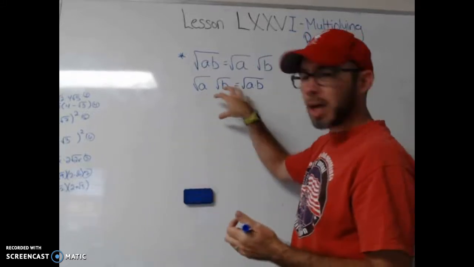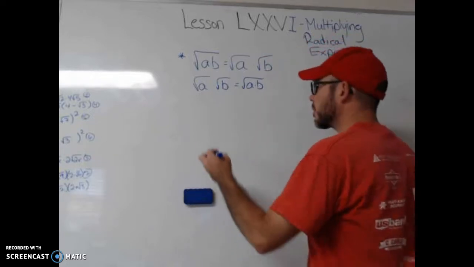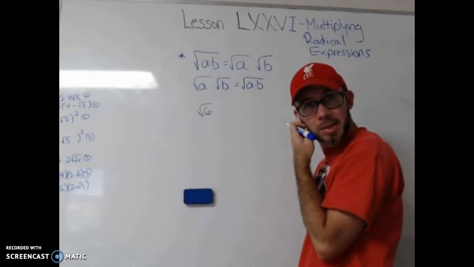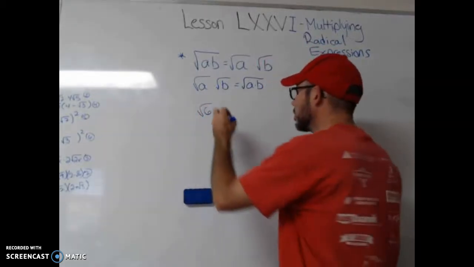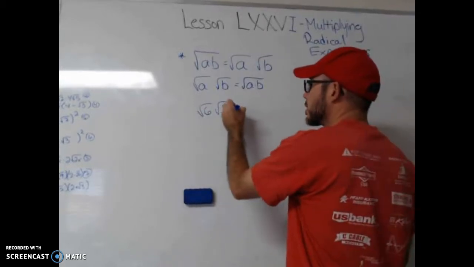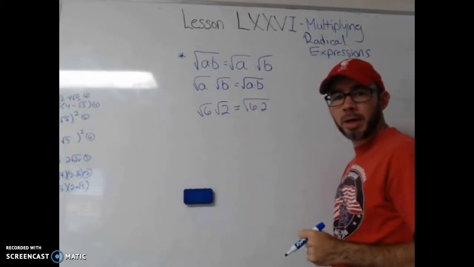Sometimes we have a whole mess of stuff we want to put under there and do something with it. Maybe that would be something like root 6 times root 2. This rule says that we can just cozy those up underneath the root sign right next to each other.